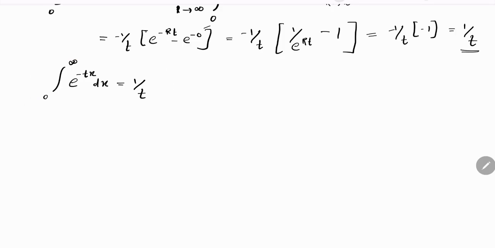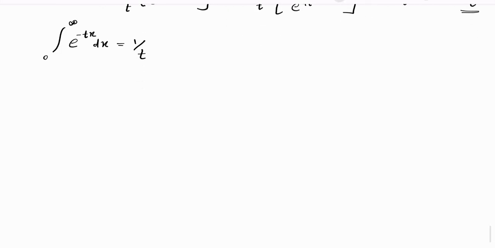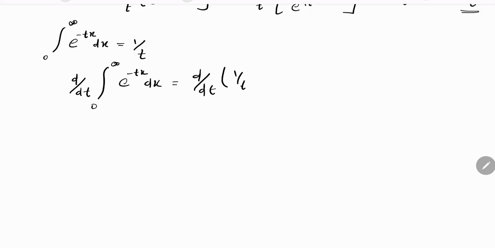Now differentiate both sides with respect to t. So d by dt of integral 0 to infinity e to the power minus tx dx is equal to d by dt of 1 by t.